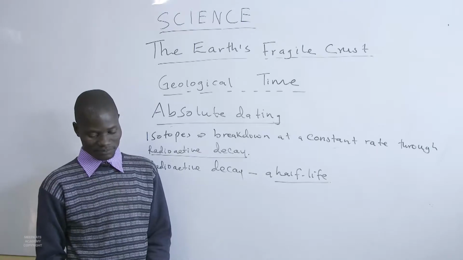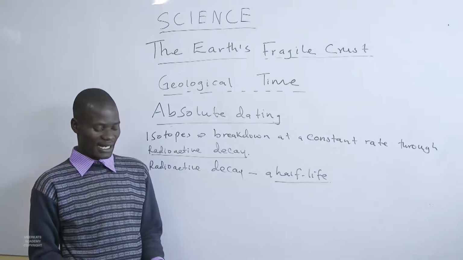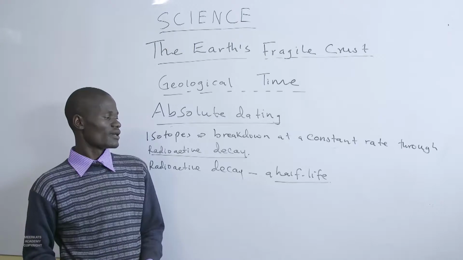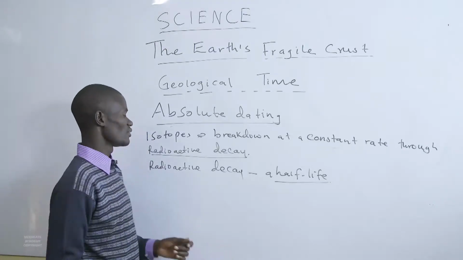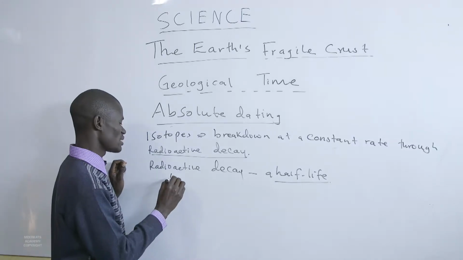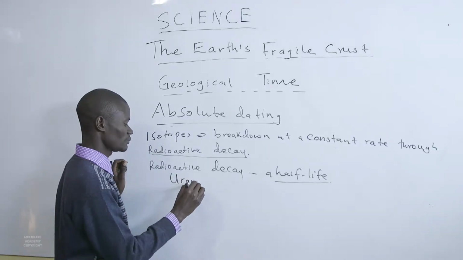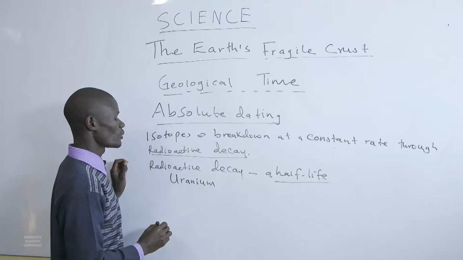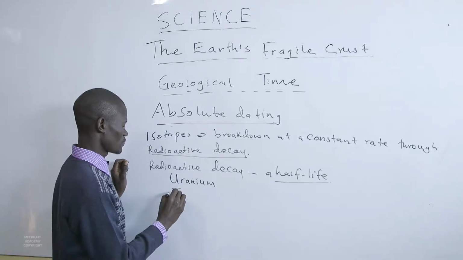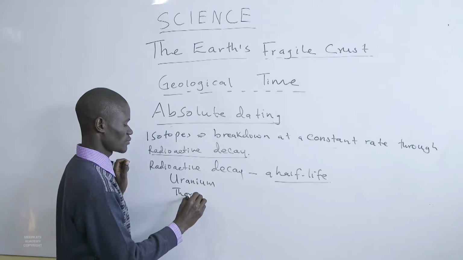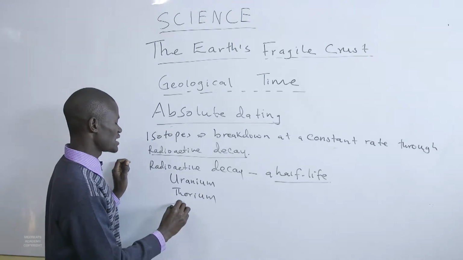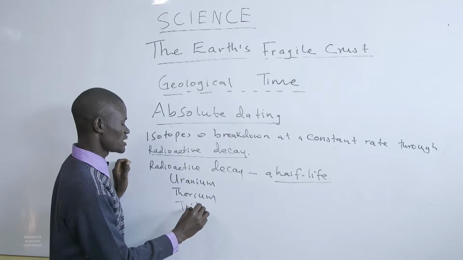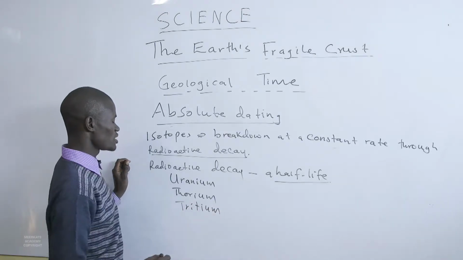For example, there are various substances that are referred to as radioactive. For example, uranium is a radioactive substance. We have thorium, and then we also have tritium.